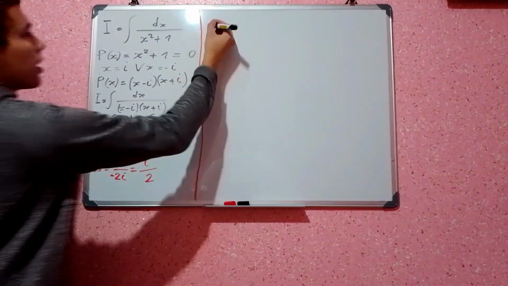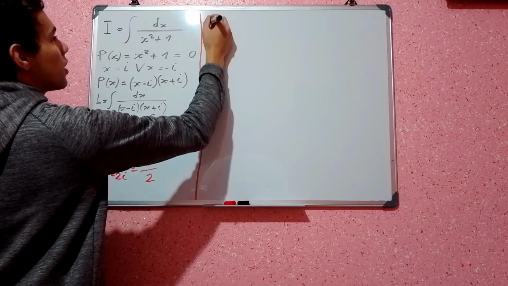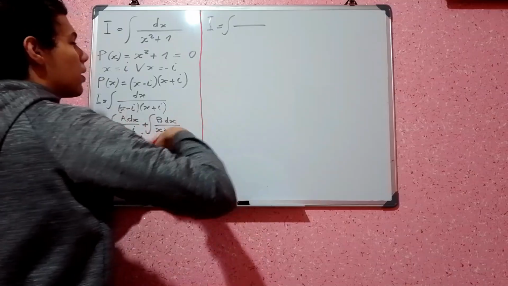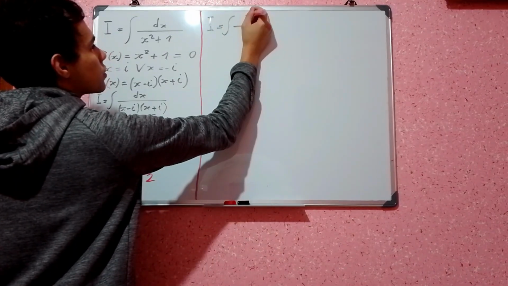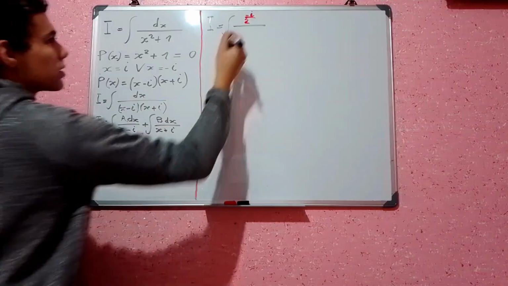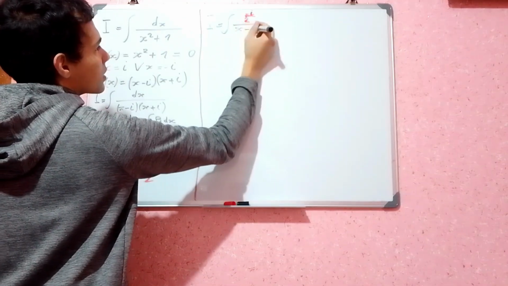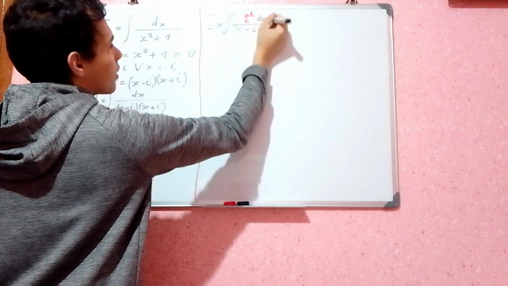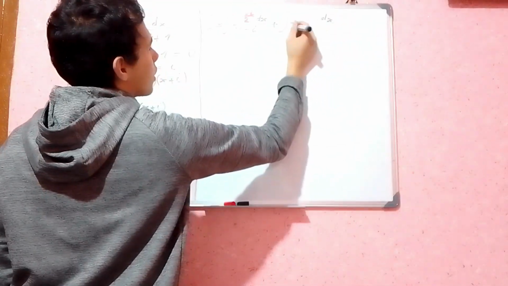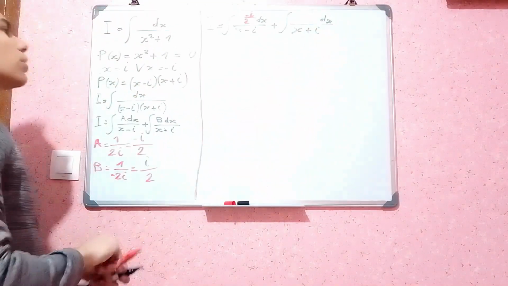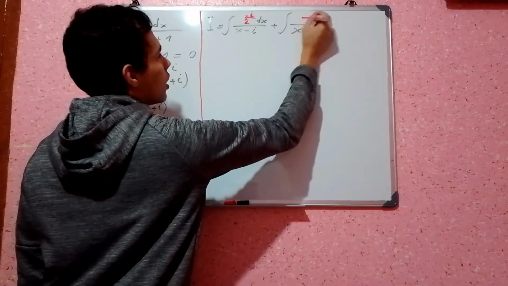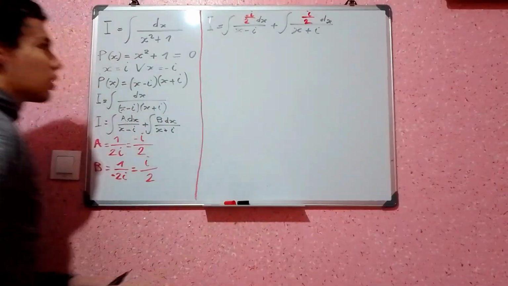We have I equals the integral of minus i over 2 over x minus i, and don't forget the dx, plus the integral of x plus i in the denominator, and the b is i over 2, so we write i over 2.